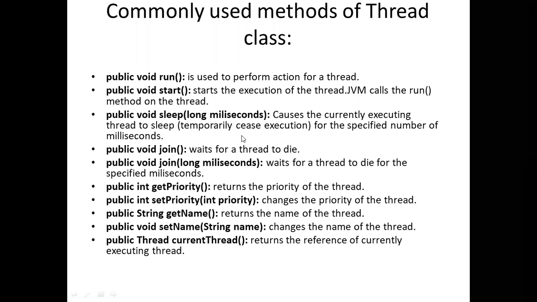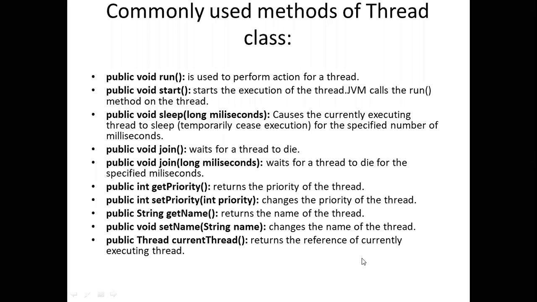Sleep causes the currently executing thread to sleep, that is, pause for a specific time. Join waits for a thread to die; join with a long parameter waits for a specified time. Then there are priority, getName, setName, and currentThread.